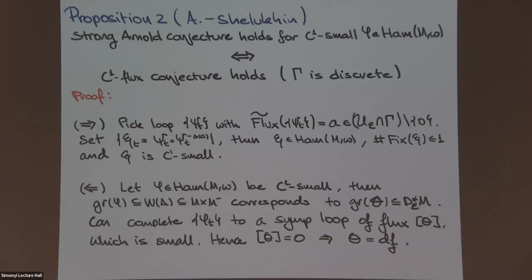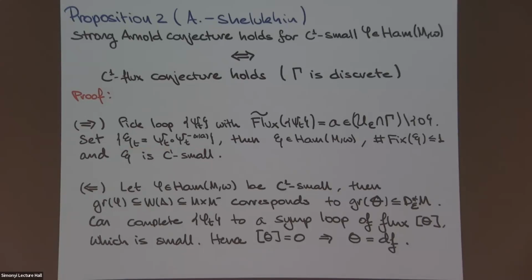By construction, this is going to have zero flux because the flux homomorphism is, well, a homomorphism. The flux of the loop is A, and the flux of this induced isotopy is minus A. So the time one map of psi t here is a Hamiltonian diffeomorphism.